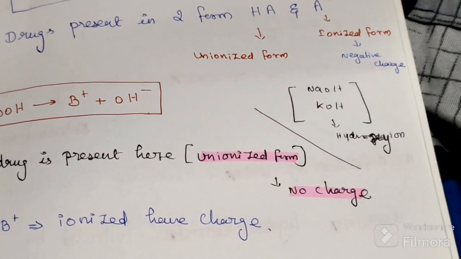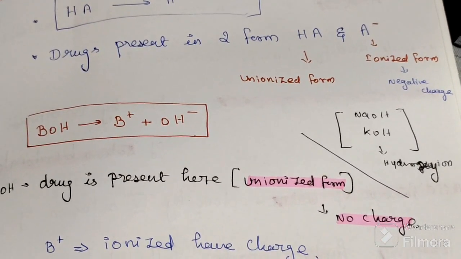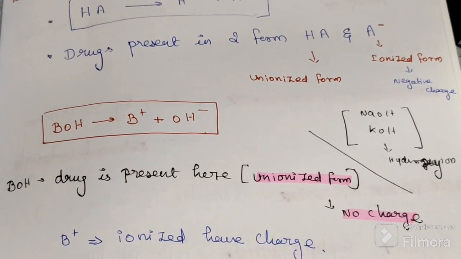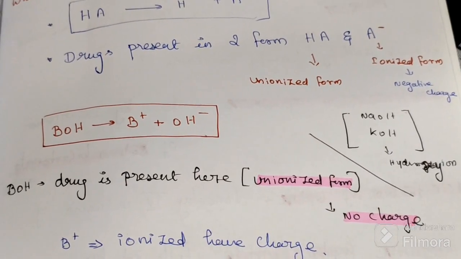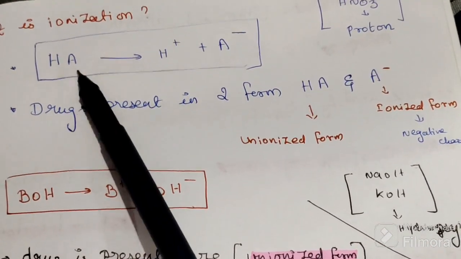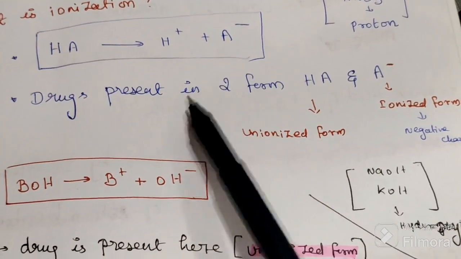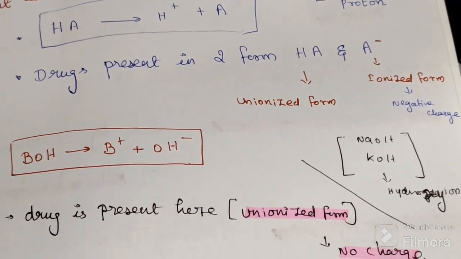It is excreted. So ionized forms are excreted from the body, and unionized forms are absorbed into the body.